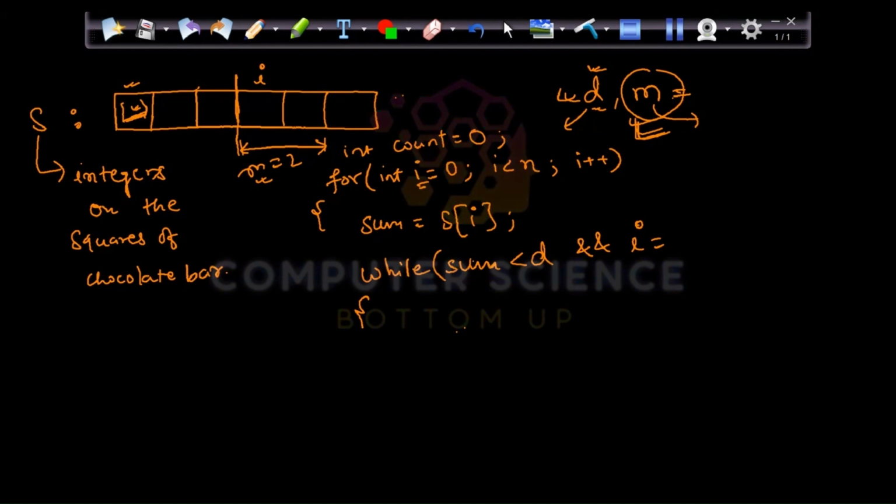So while sum is less than d and j is less than or equal to i plus m minus 1.